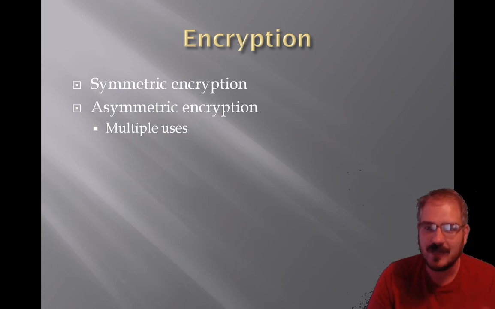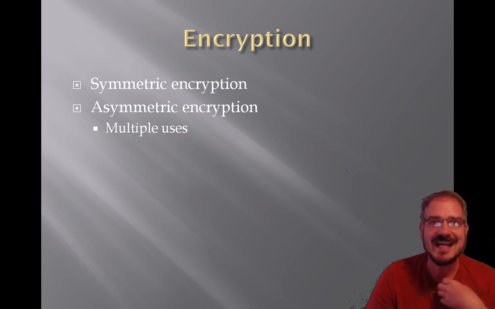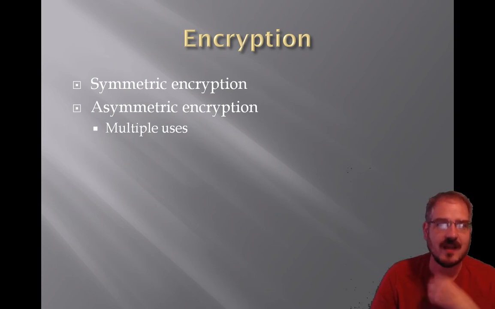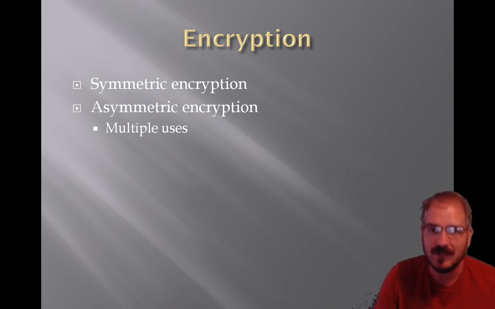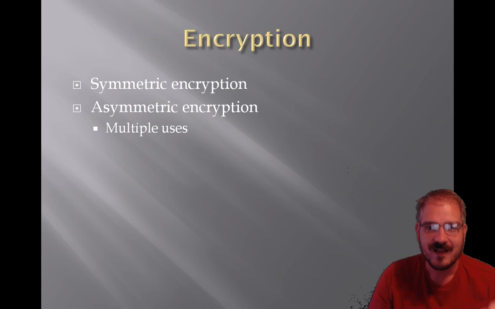That is not very good at keeping the information confidential. But remember, there's a lot of other reasons to use encryption, not just confidentiality. So if I encrypt with my private key, and then anybody who wants to can decrypt using my public key, that is using the exact same process, but instead of using it for confidentiality, we're using it for non-repudiation, and we're using it for message integrity.